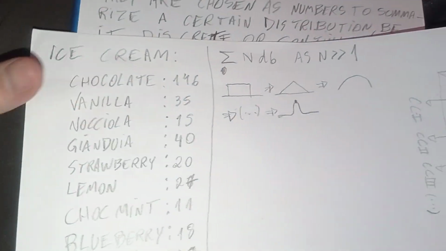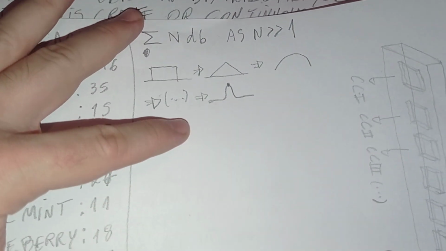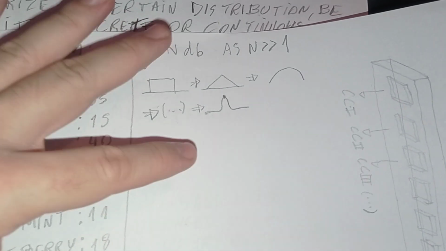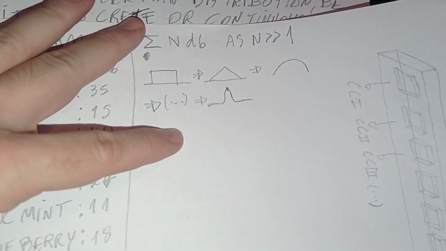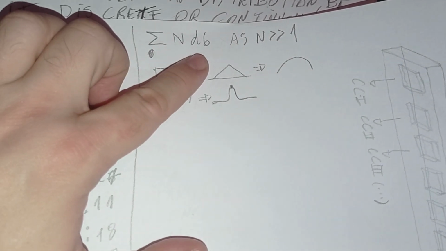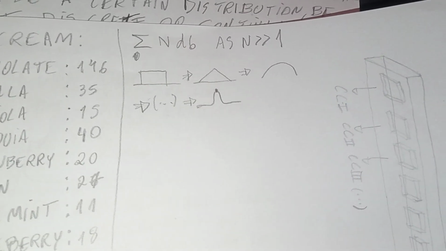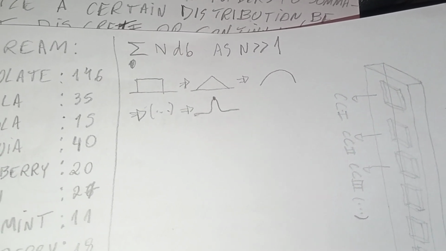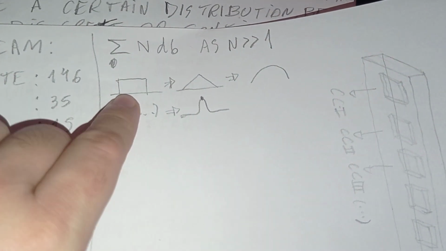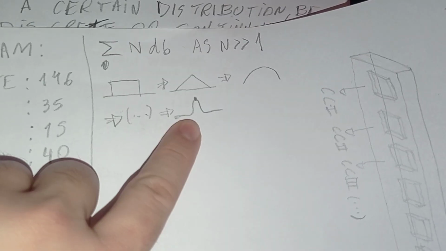Another interesting example, because this is going to be relevant for medians and means, is the sum of n d6 dice, with n a lot bigger than 1. If you have a large n, for instance 100 of them, you tend to a Gaussian distribution.